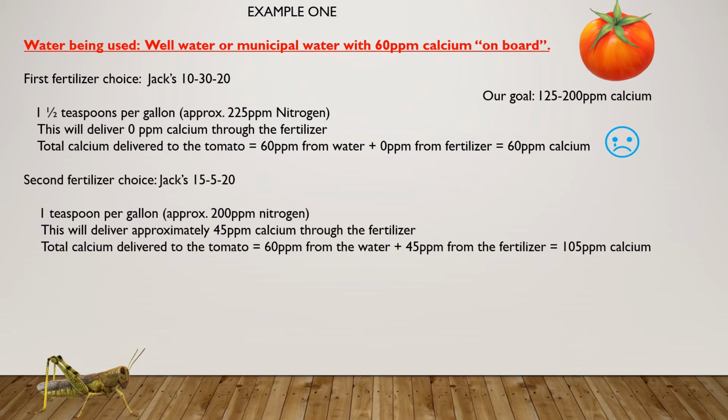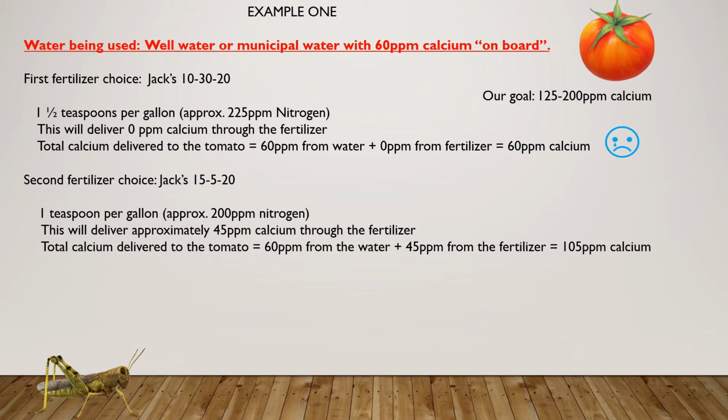Say of using the Jack's 15-5-20, another example of a widely used fertilizer. If we mix it at the level of, say, a teaspoon per gallon, giving us a 200 parts per million nitrogen range, the fertilizer alone will deliver around 45 parts per million calcium.